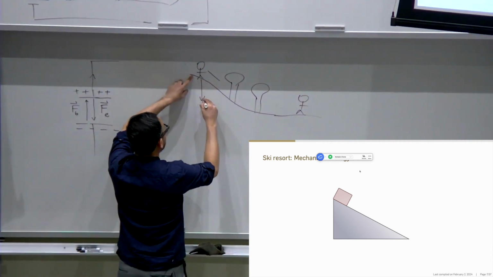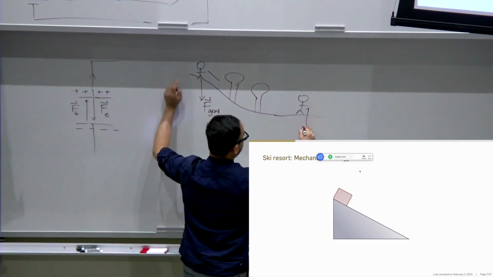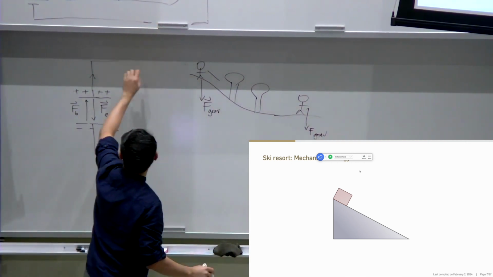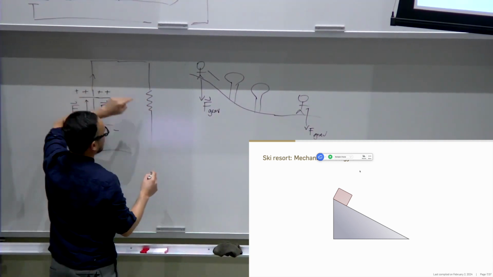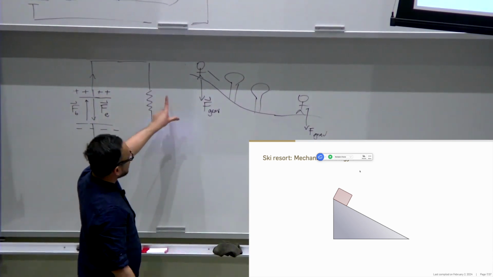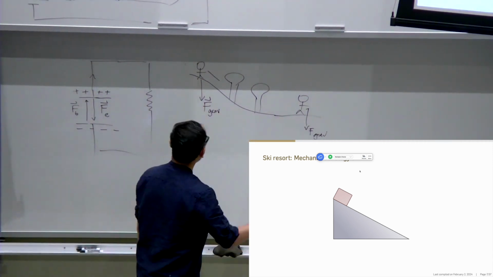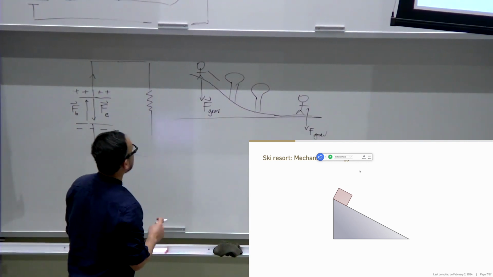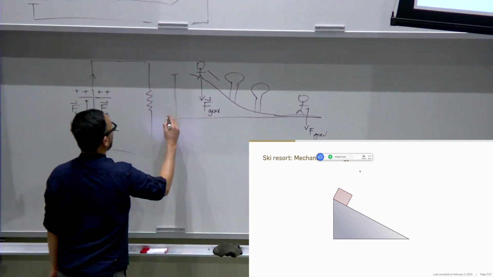Throughout the way, there is gravity. This is similar to what happens if we have resistors here. The trees are the resistors, okay? So without putting in any energy, this is the end of the fun, right? But people who build ski resorts are smart. They have a ski lift. So this is the ski lift.